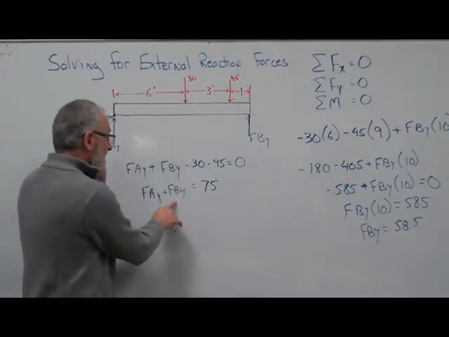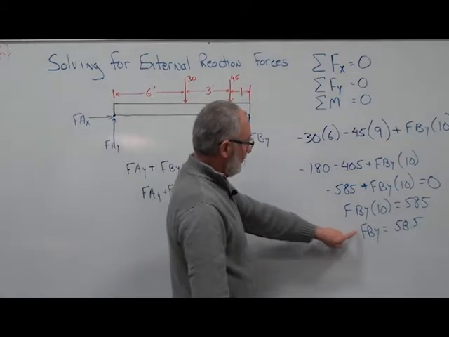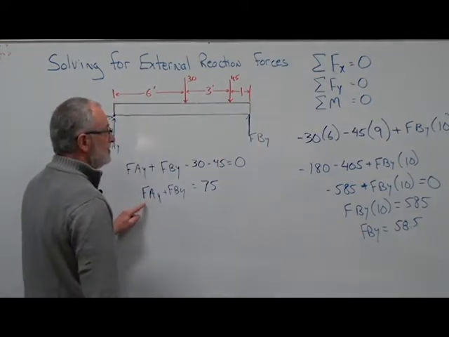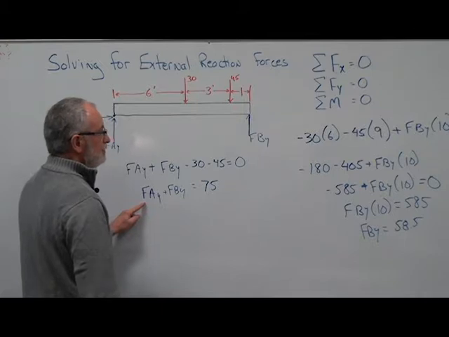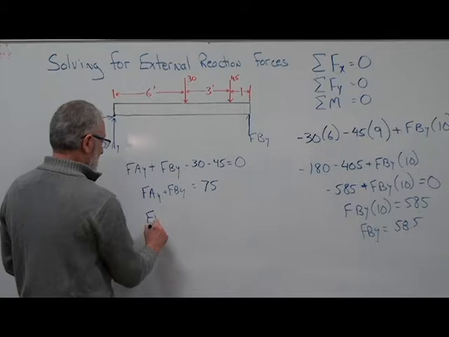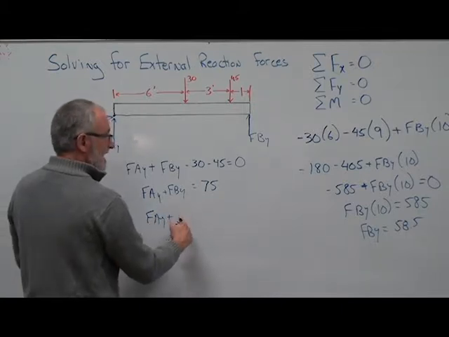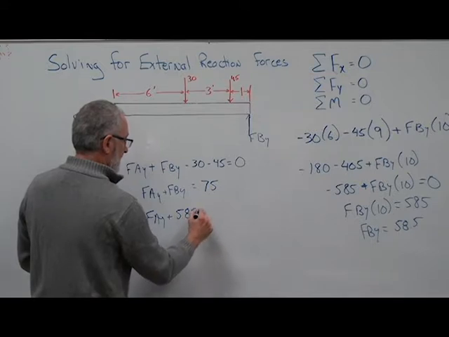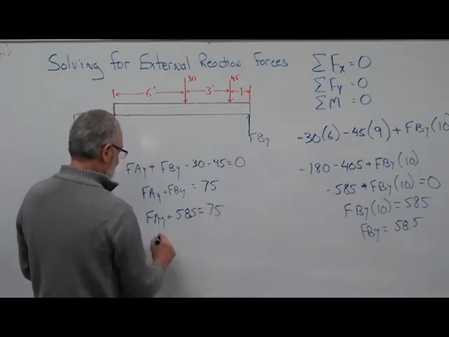Good. Oh, now we can come back over here. Well, first of all, there's my FBY. Now I can come back over to here, and I have solved for 0, so that's going to be 0. So now I can say FAY plus FBY, which is 58.5, is equal to 75.